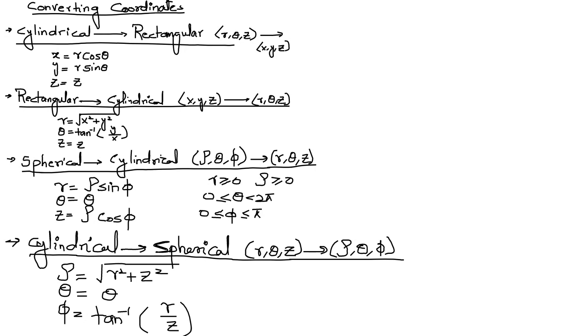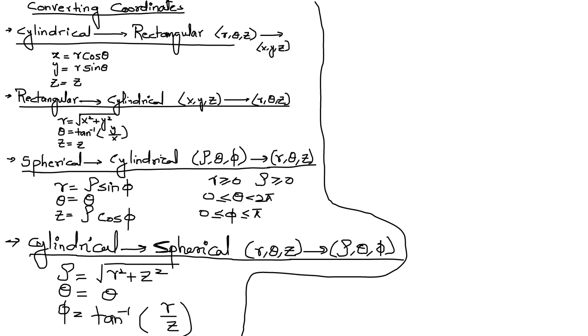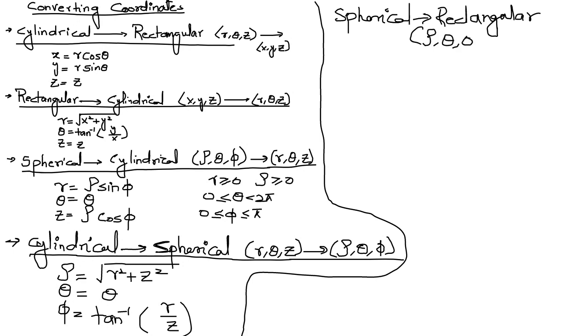Okay. Now there are two more. If you have the spherical coordinates and you want to change them into the rectangular coordinates, what does that mean? That if you have rho, theta and phi and you want to change them into x, y and z.